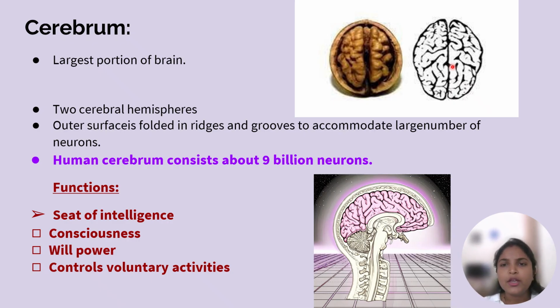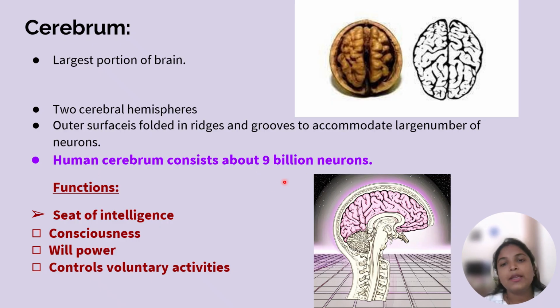And what is the need of increasing the surface area in the brain? So that it can accommodate a large number of neurons, the nerve cells, the single cell that we have read about. Here is the fact that the human cerebrum consists of about 9 billion neurons.